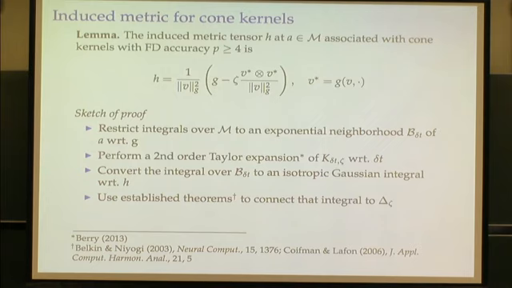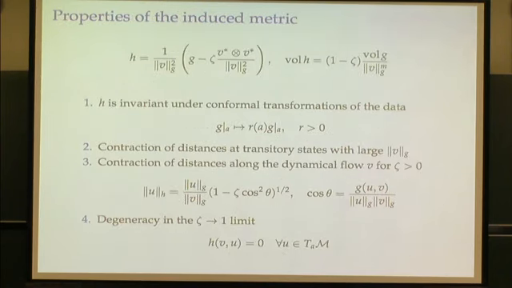We now want to look at the properties of this new metric. On the one hand, we have a conformal invariance of our metric, meaning that if we have equivalence classes of datasets related by conformal transformations, then the results of data analysis that we obtain using this kernel will be asymptotically invariant, at least as delta t goes to 0.